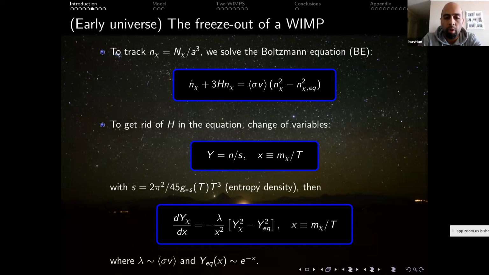In this equation, lambda represents the size of the interaction, or the size of annihilations of your dark matter particles into the standard model particles, and the capital Y eq is the equilibrium density, which is proportional to this Boltzmann suppression. When you solve this numerically, next slide, please.